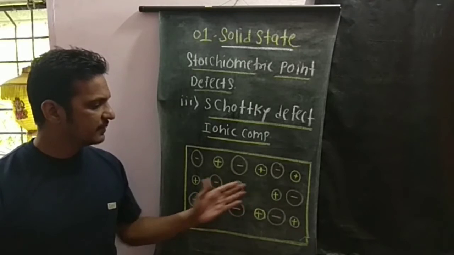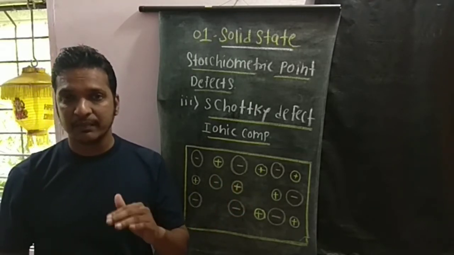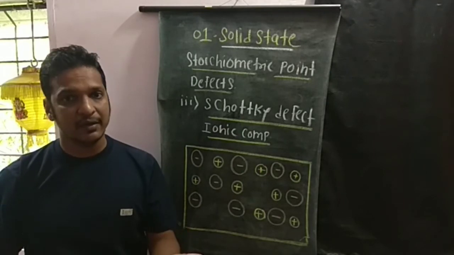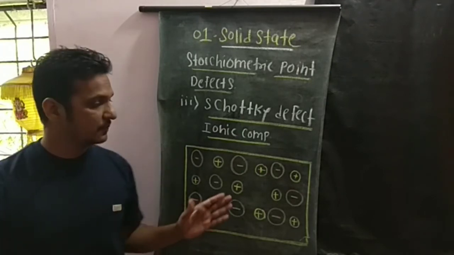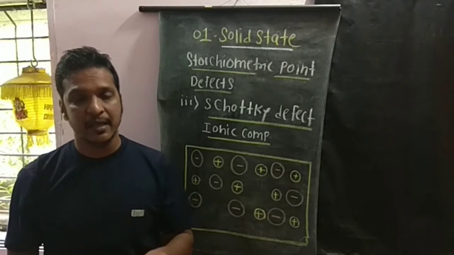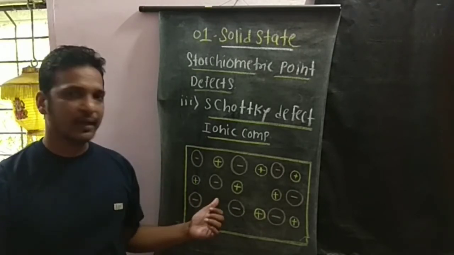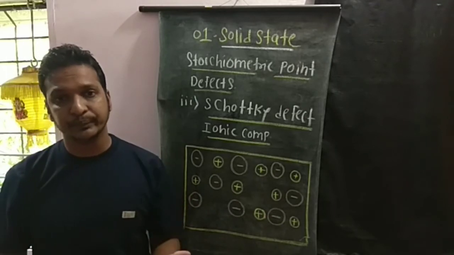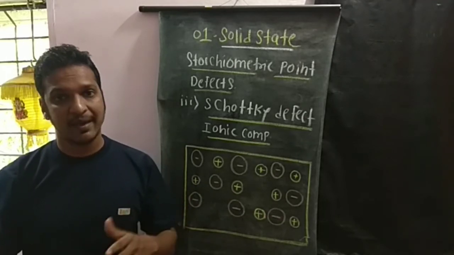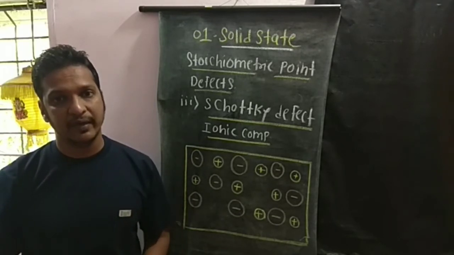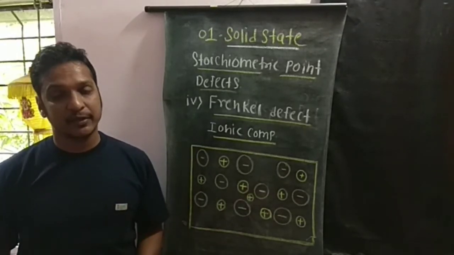Because of this missing particle, the mass of the substance decreases. However, the volume remains unchanged. That is why the density of such substance decreases. So mass decreases, therefore density decreases. This effect which arises due to the vacancy caused by absence of one cation and one anion is called Schottky defect. So that was regarding the Schottky defect.